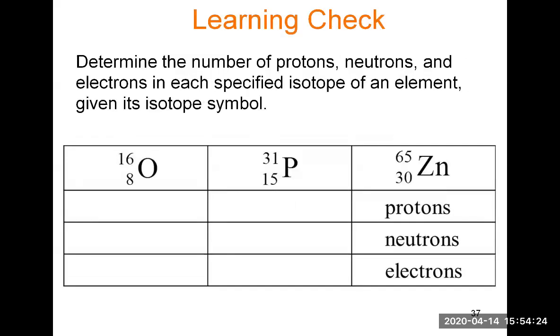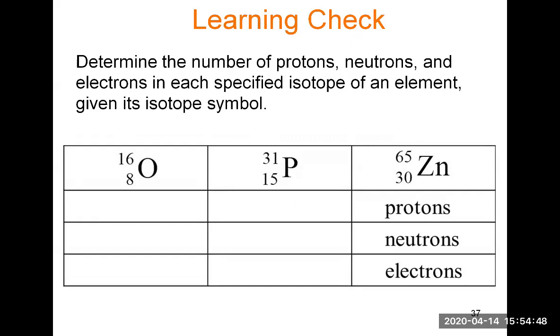Let's try that with different isotopes. Again, determine the number of protons, neutrons, and electrons in each of these isotopes. Pause the video to work this on your own before you watch the answer. So here, oxygen 16, 8.